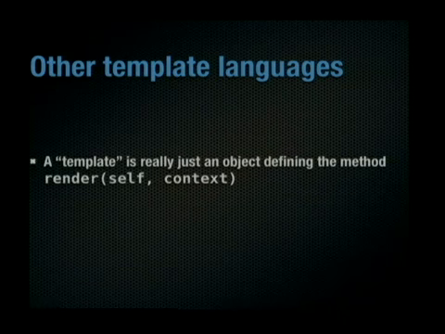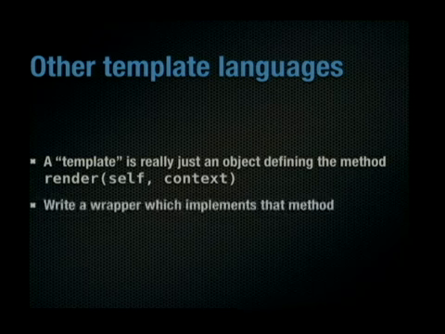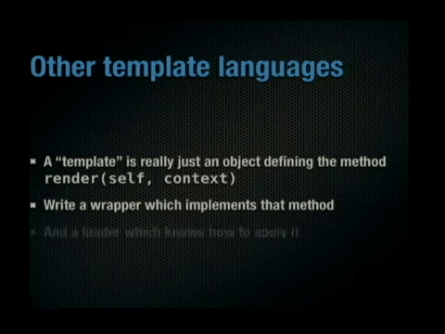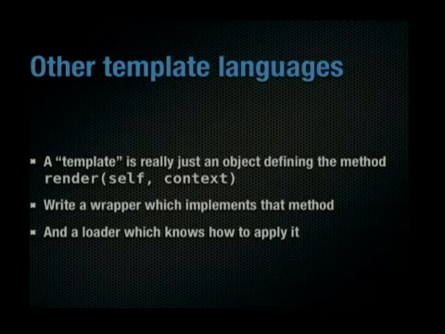This is where you can get into other template languages, because a template is really just an object that defines this one method. We don't really care beyond that whether it's a Django template, Jinja template, Genshi template, anything you like. Which means if you can write a wrapper around your own template system that implements that method, and write a loader which knows how to go out and find a template from your template system and build this wrapper object, you can use any template system you want in Django.